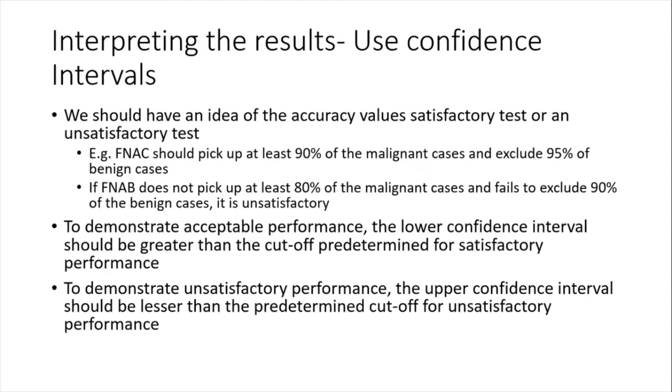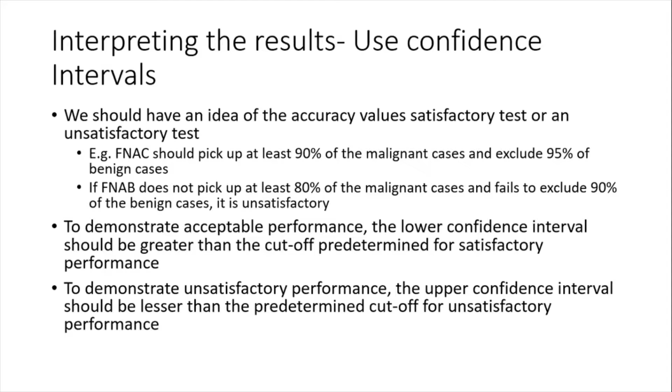idea beforehand. In this case, if the sensitivity is demonstrated to be greater than 90% by means of confidence intervals, and the specificity is demonstrated to be greater than 95%, if both these conditions occur, we can say that our diagnostic test is satisfactory. Sometimes we may also try to demonstrate unsatisfactory results.